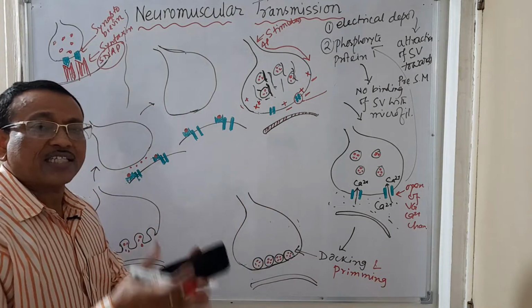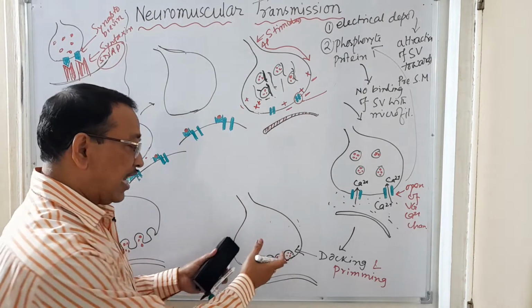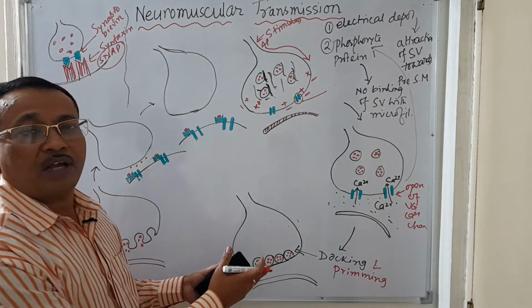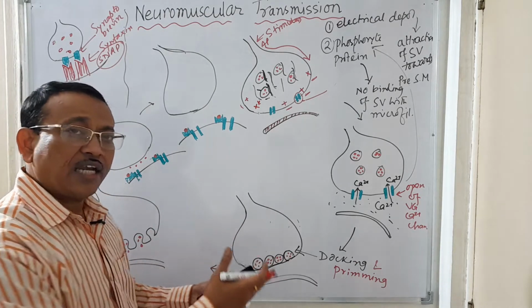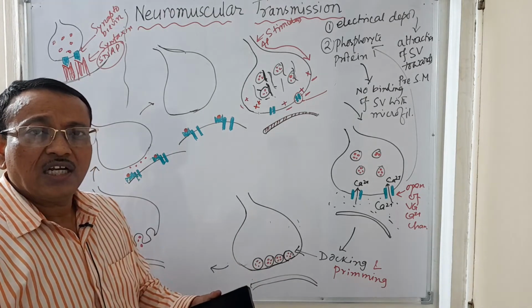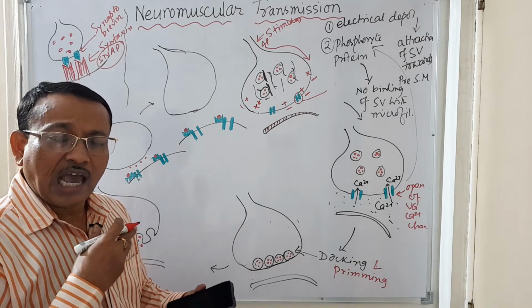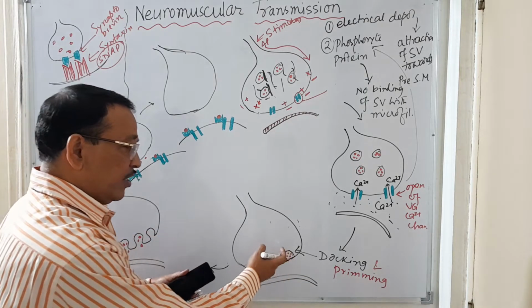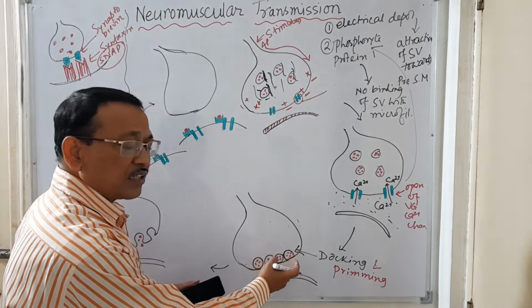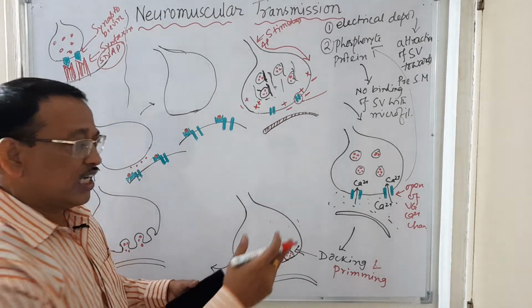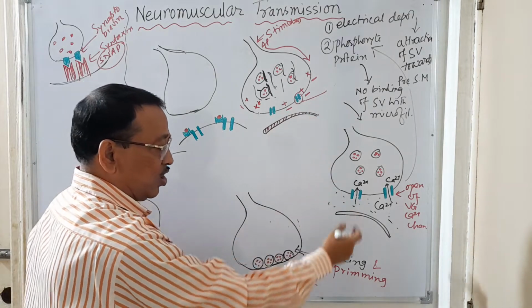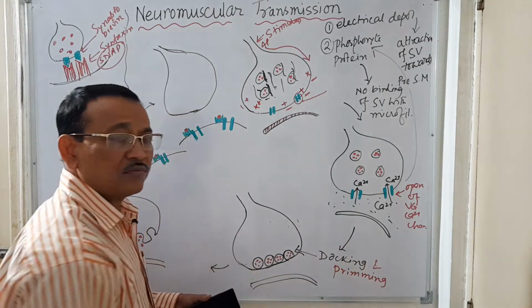Docking is the attachment between the synaptic vesicle and the presynaptic membrane, whereas priming is the activation of the synaptic vesicle to allow the release of neurotransmitters from the synaptic vesicle. That activation process is also initiated by the calcium ion, which is known as priming.